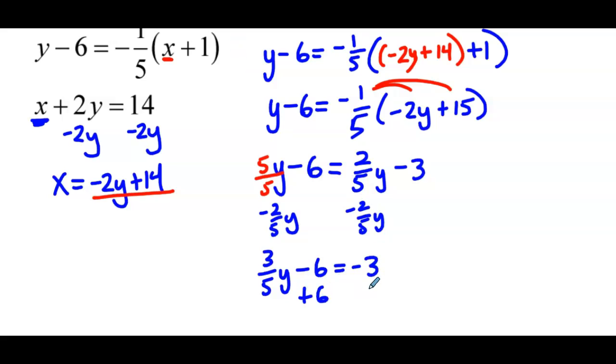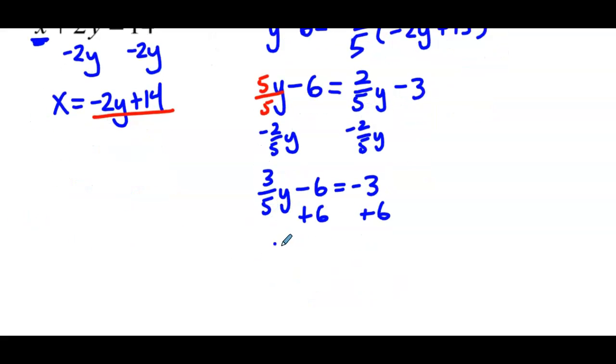Add 6 to both sides. We have 3 over 5y equals 3. And then we can multiply both sides by 5/3. So the 3's simplify. We have y equals 5.